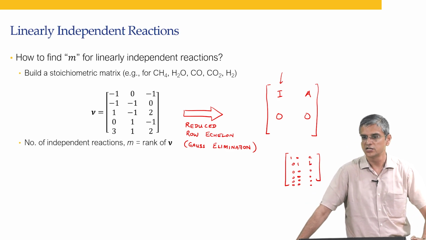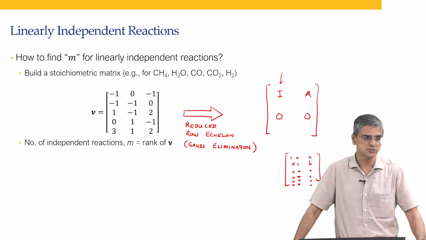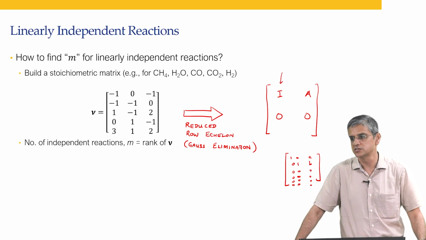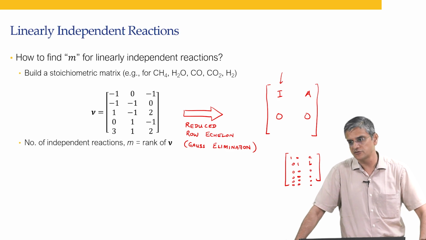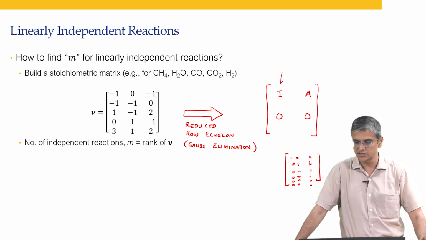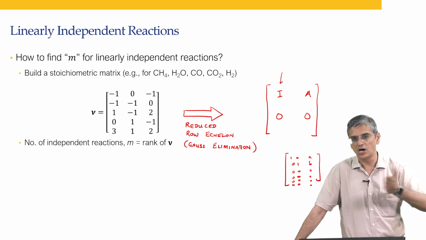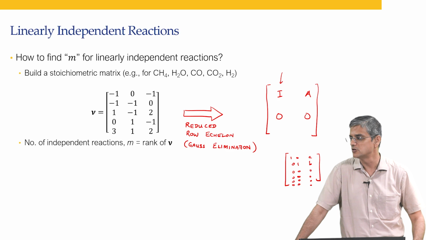Your A and B is going to determine how the third reaction is dependent on the first two reactions. There are standard processes that are available, whether it's MATLAB or Python. There are subroutines or functions that will convert it into row echelon form and then tell you how the various columns are linearly dependent on each other.